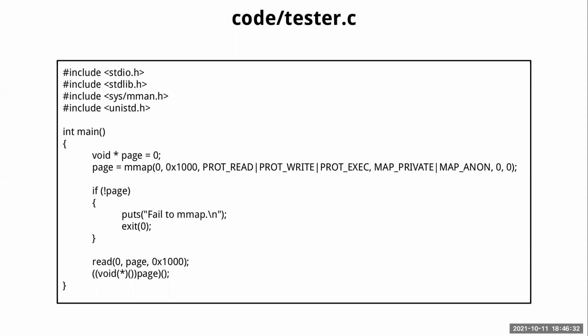So we create 1 page for you. Then I just read from stdin into that page. Then I will just call that. So you just need to put your shellcode to the stdin, and this is going to execute the shellcode.